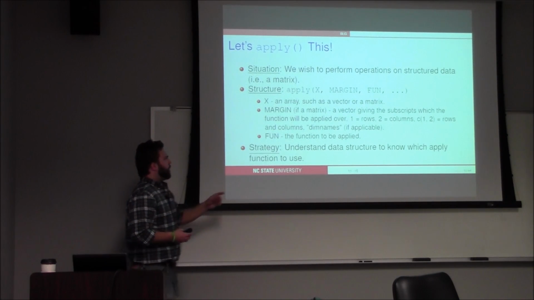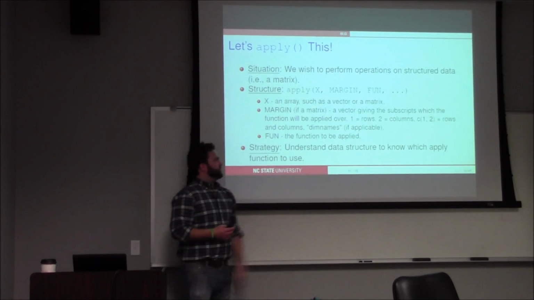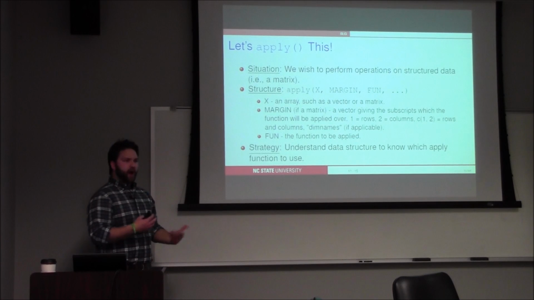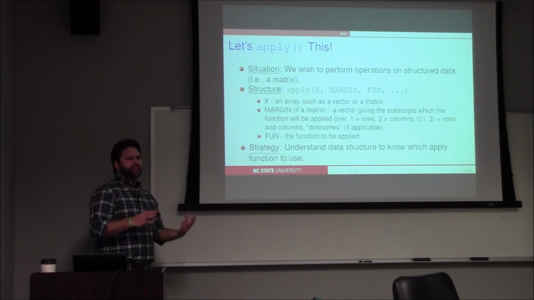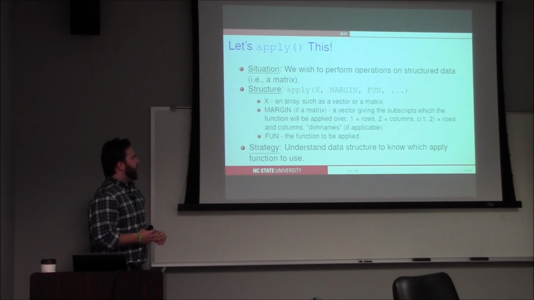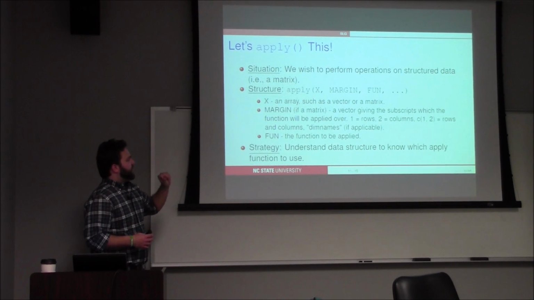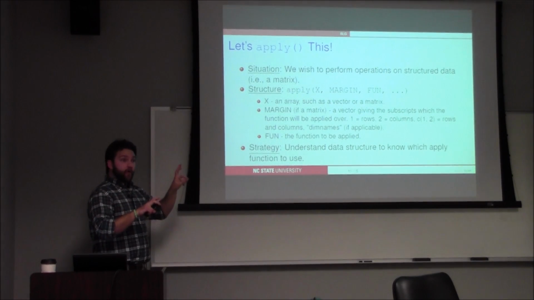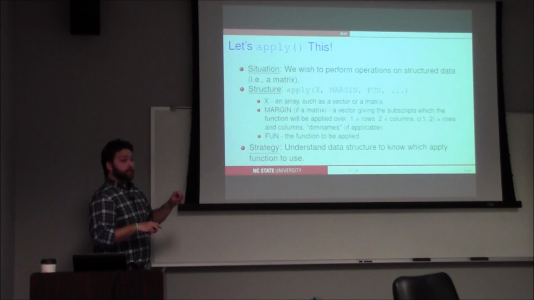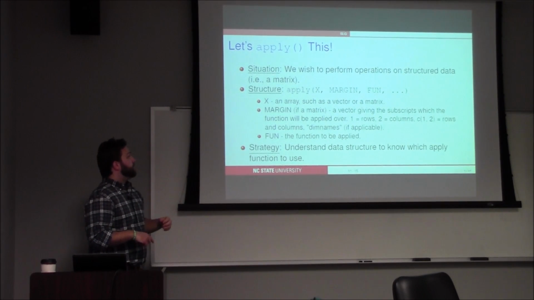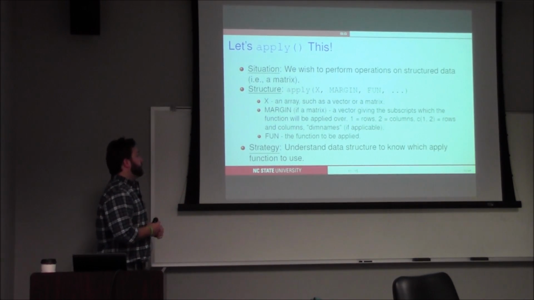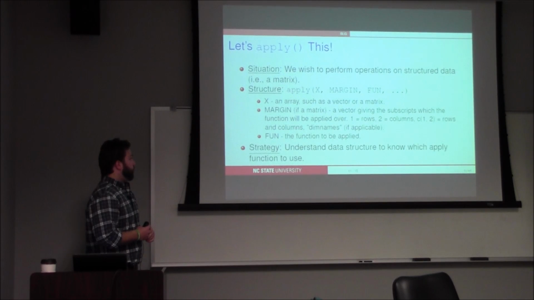Or if your dimensions have names, if your columns have names, if you've already attached them in a data frame or something like that, it can actually accept the names of those columns without you needing to type in a number to indicate what exactly you're looking for.